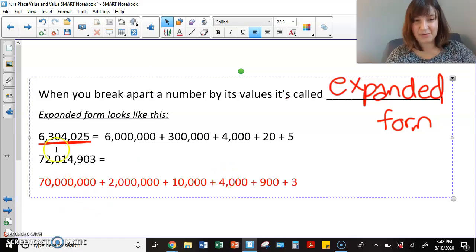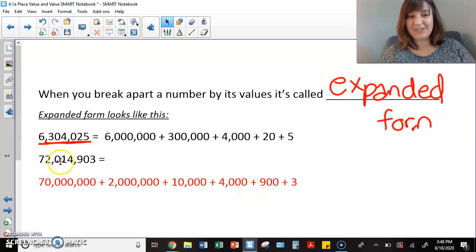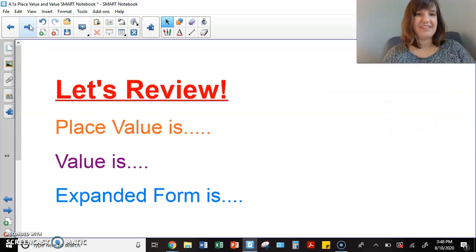So that is how I would break that number apart into expanded form. If I were to line all those numbers up and add them together, I would get this number right here, which is 72,014,903.